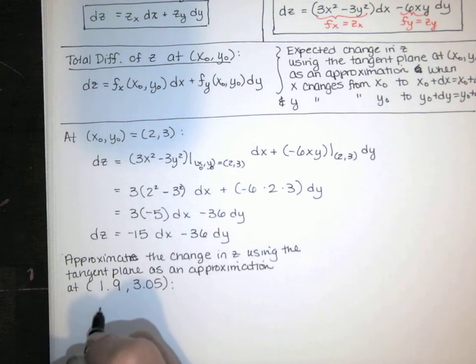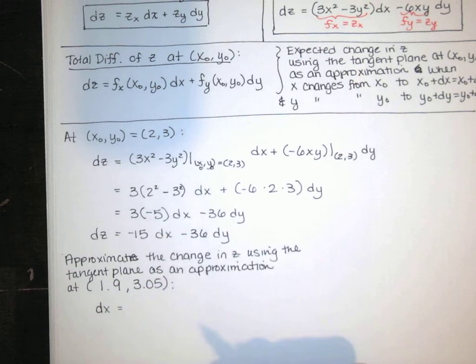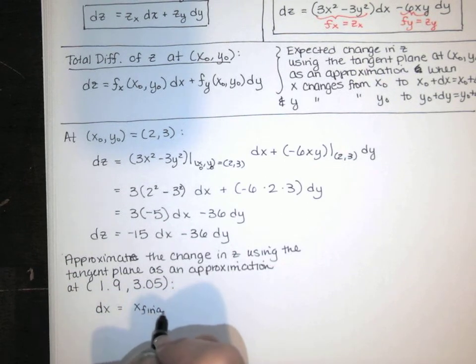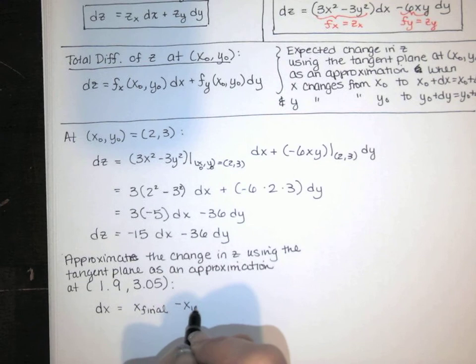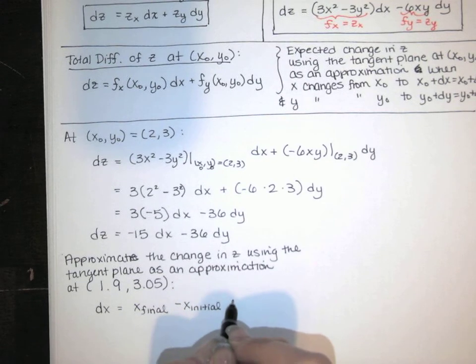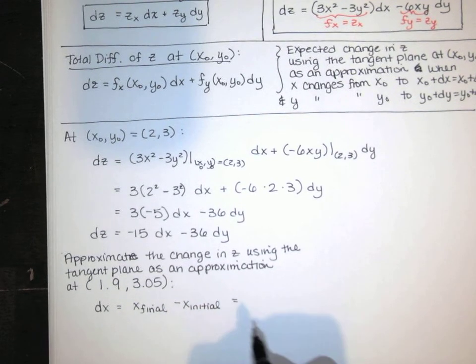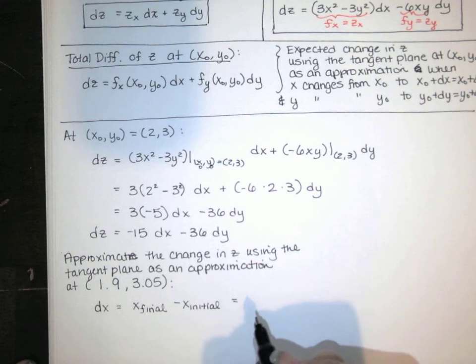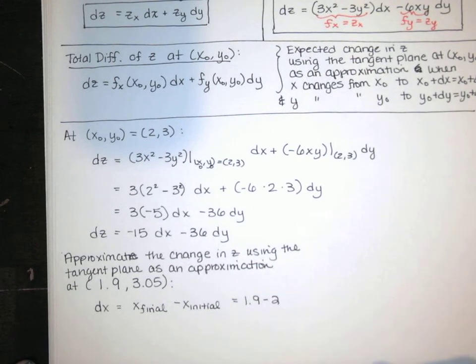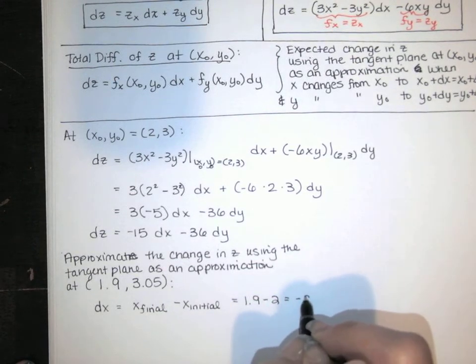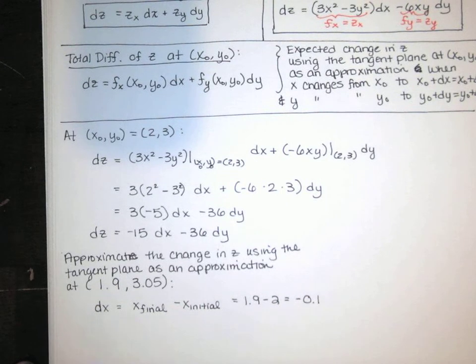Okay, so dx, that's my change in x, is just x final minus x initial. Of course, I think we can all see if our new x value is 1.9 and our old one was 2, x just went down by 0.1 units.